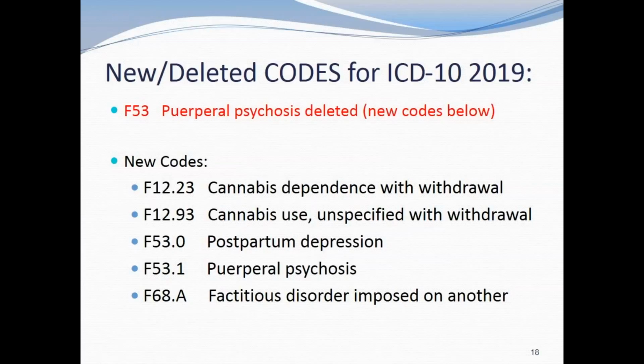So you look a little further down on the new codes and you can find it. Like if you look down here, F53.0 is postpartum depression. And then you have the F53.1. So you got all different things. Just remember there's probably an additional digit that has been added onto it if it's a new code or if it's been deleted. So you just kind of have to keep looking a little bit further.